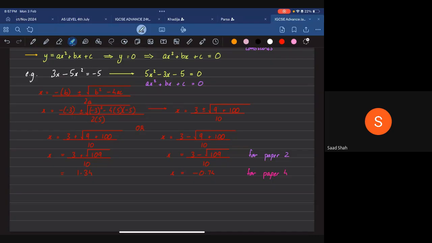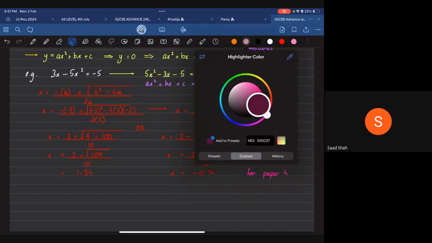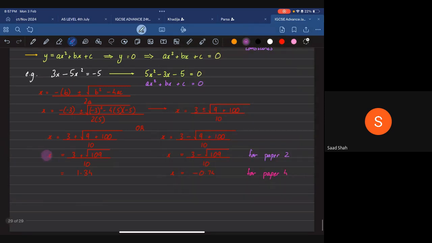Clear. Thank you, sir. All right. So this is for paper 2. And the pink guy is for paper 4. They both are the same shade of pink.